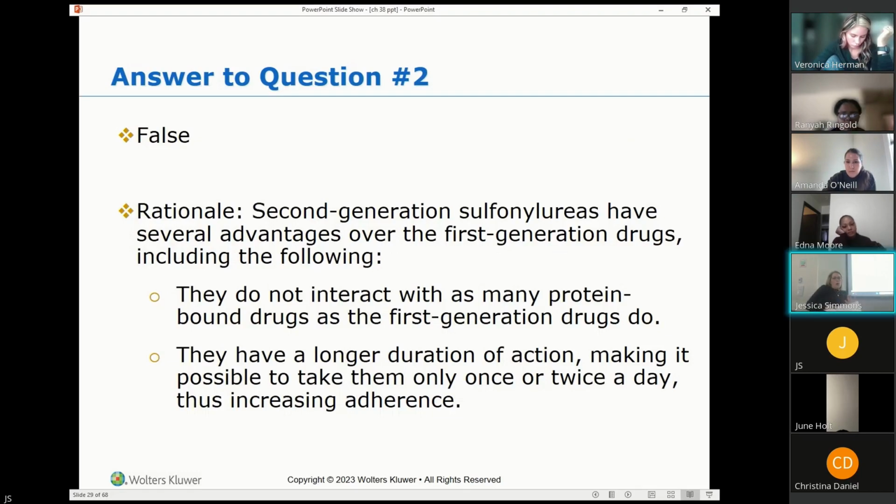They do not interact with as many protein-bound drugs as the first generation drugs do, and they have a longer duration of action, making it possible to take them only once or twice a day. The first generation drugs have to be taken more often, which increases the level of non-compliance.